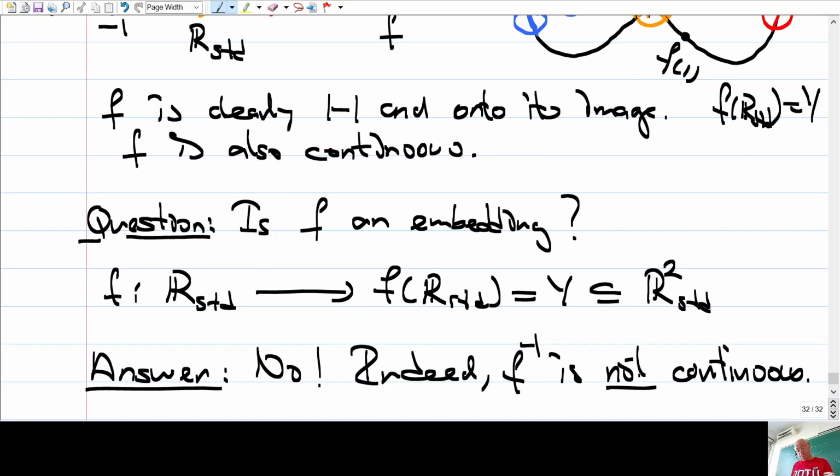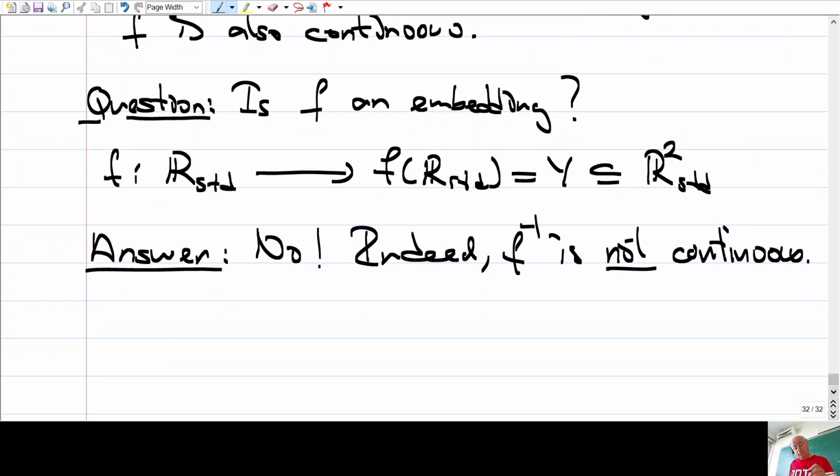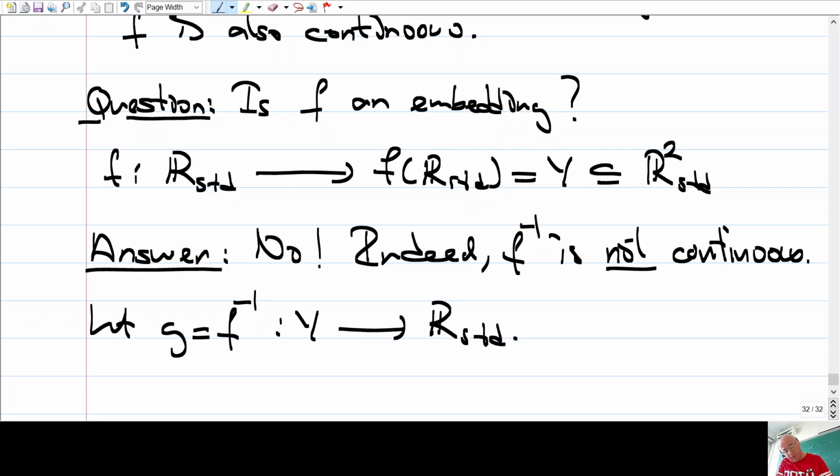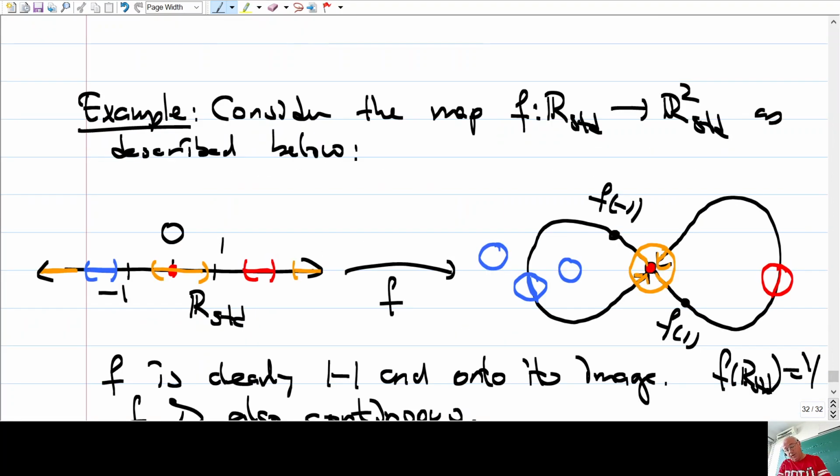Why is that? Well, let g be f inverse. This is defined from Y into R standard, right? Y being the image. So from this figure 8, I go in the opposite direction to R standard, and this map is not continuous.